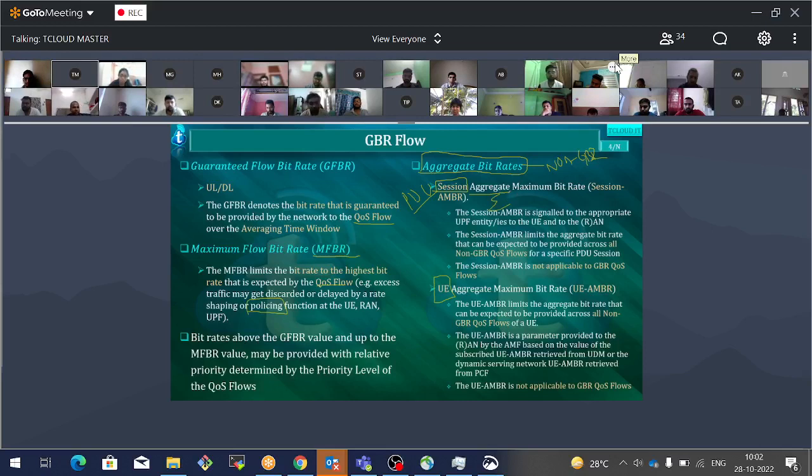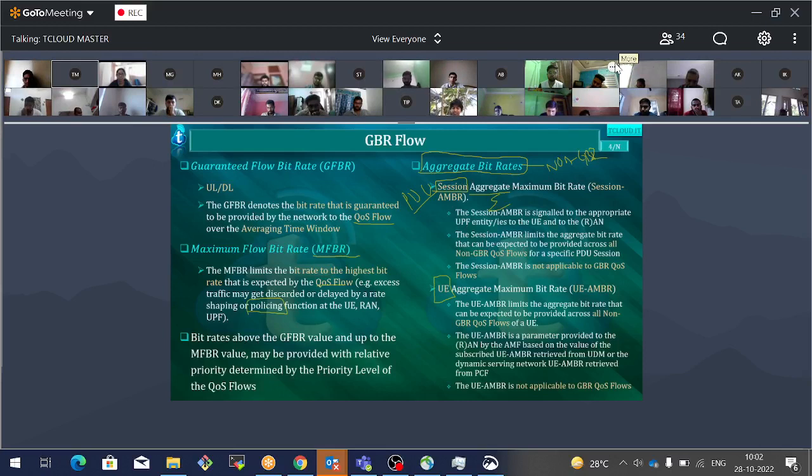Like what is the total maximum bitrate that a subscriber, a UE, can use for its PDU session. So all the quality of service flows that belong to non-GBR type, together, should not cross this session aggregate maximum bitrate.